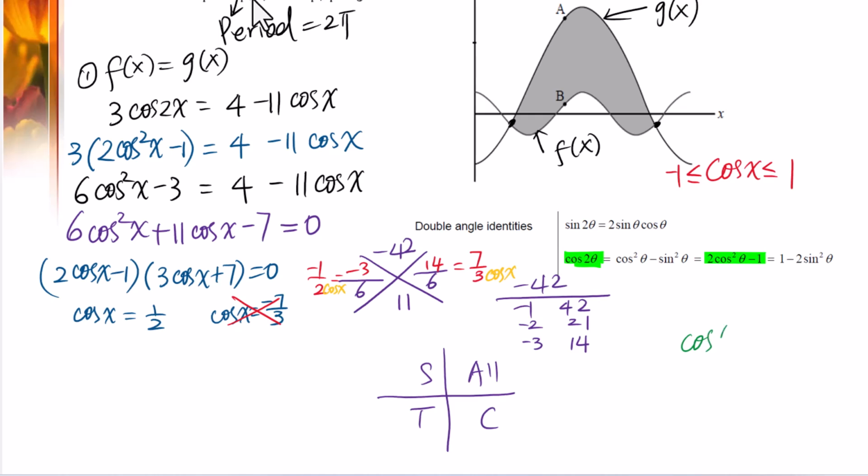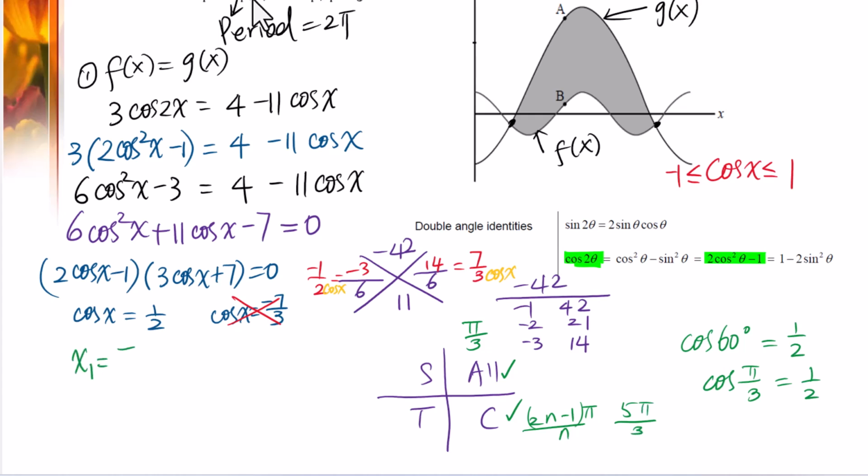We know cosine 60 degrees equals 1 over 2, so cosine pi over 3 equals 1 over 2. Positive means the first and fourth quadrants: pi over 3, and for the fourth quadrant, 2n minus 1 over n pi, when n equals 3, we get 5 pi over 3. So x1 equals pi over 3, x2 equals 5 pi over 3.